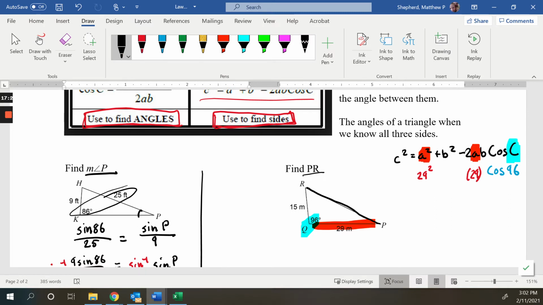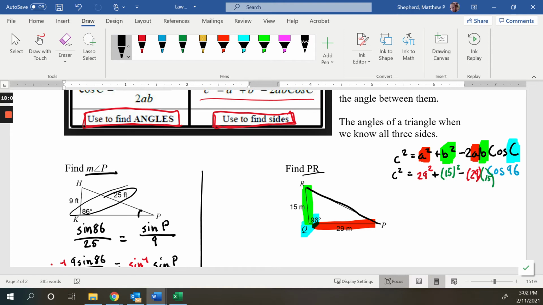I may need to be more careful and give myself more space. And then B is going to be that other side that makes it up. So plus a 15 squared. Doesn't look too pretty, but that'll still work. Minus, and then C squared, that's what we're trying to find out. That's what PR is.